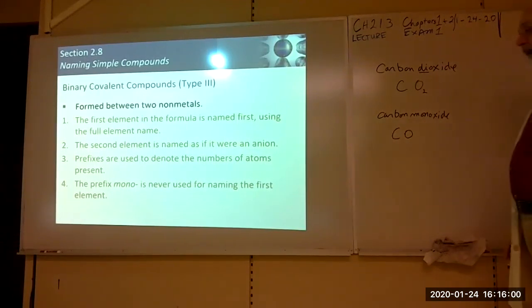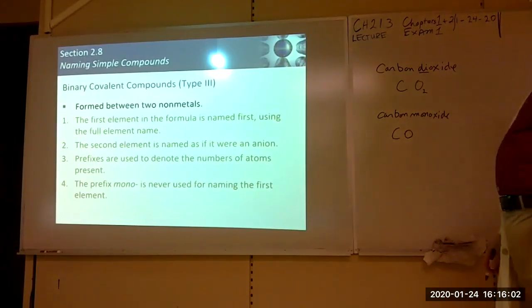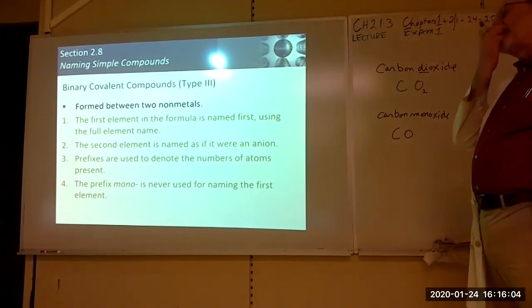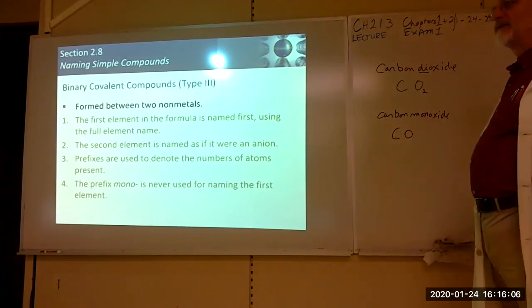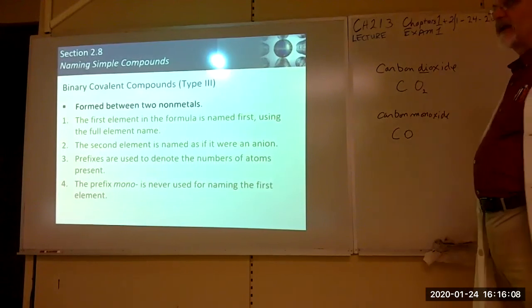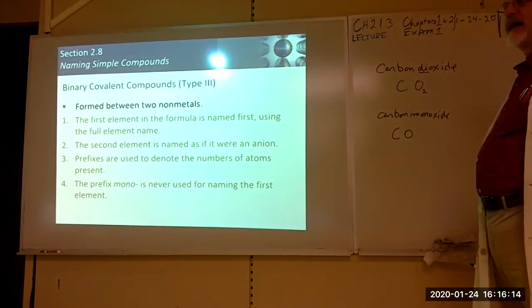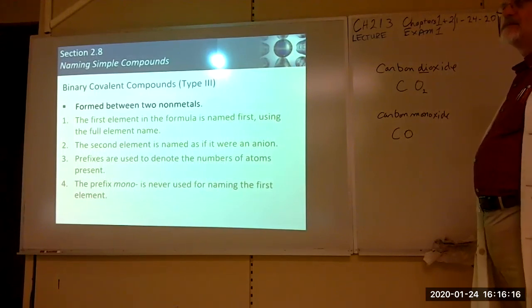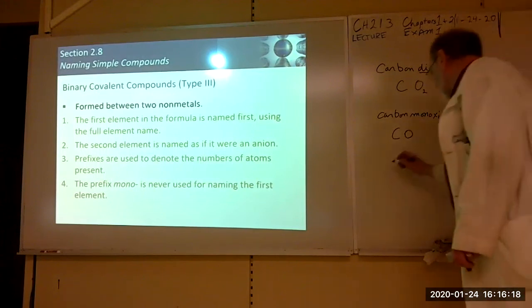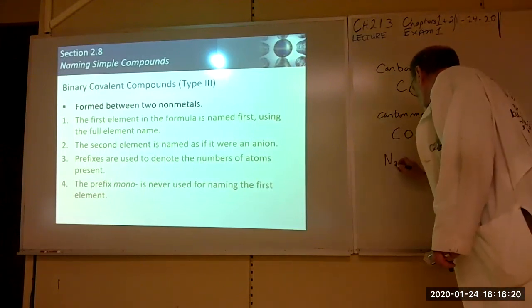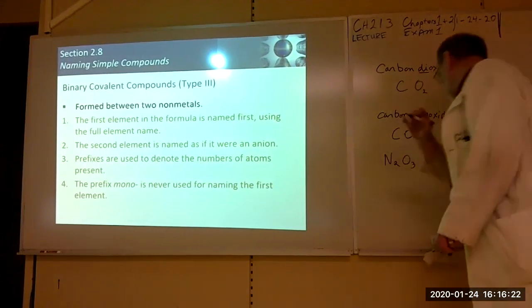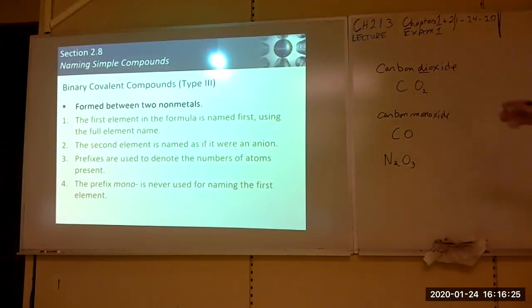Okay. Now if we go the other direction, let me think about a type 3 compound that would suit. How about two nitrogens, three oxygens bound in a single covalent molecule.